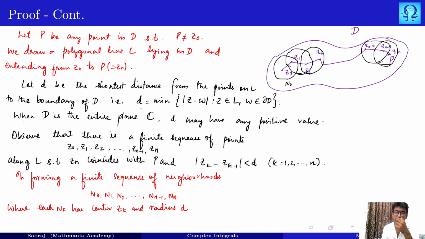What is d? That is the shortest distance between the points on the line to the boundary of D. So you will have to choose d as the radius of the neighborhood, and when you do so, of course your points are covered in this fashion. Okay, fine, radius is d.